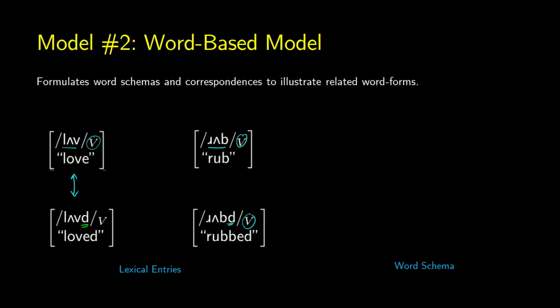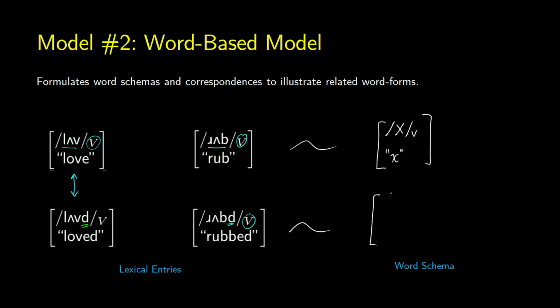So what this is going to look like is we're going to say, okay, if we have a verb that's the form of whatever, so we'll just call this X. We're going to use a variable. Maybe that's love, maybe that's rub. We don't know. It could be any verb. So that's going to be a general pattern for what we see with these top forms. Now with these bottom forms, what's the general pattern here?